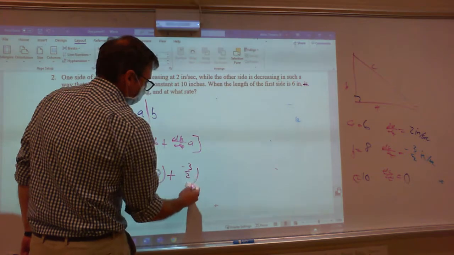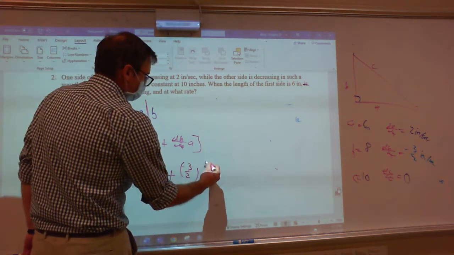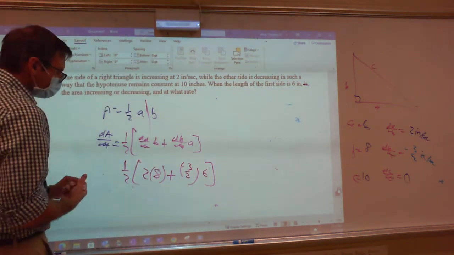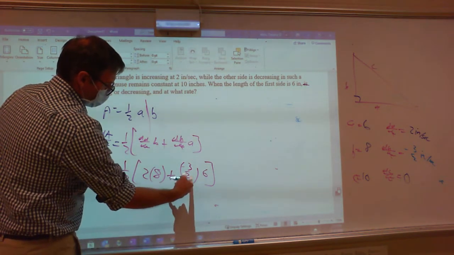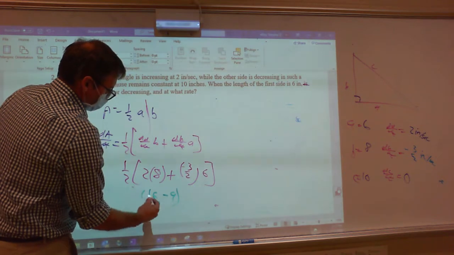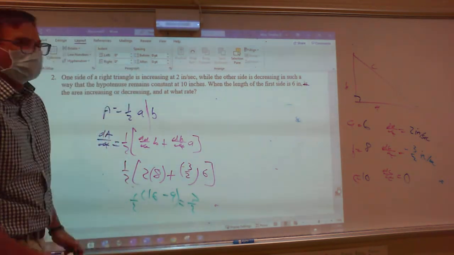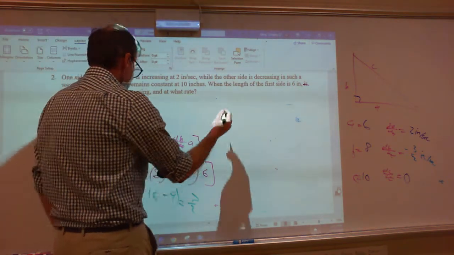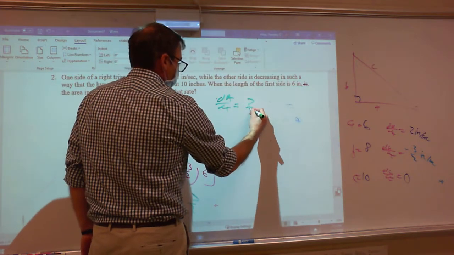And do I know what A is? Let's see, that's 16 minus 9. All that times 1/2, and so I end up with 7 over 2. So dA/dt is equal to 7 over 2.